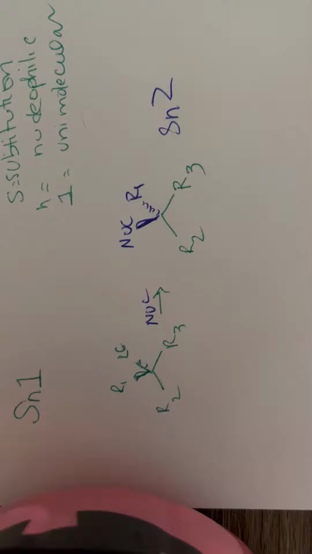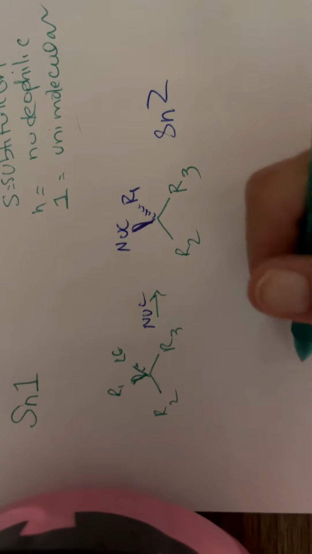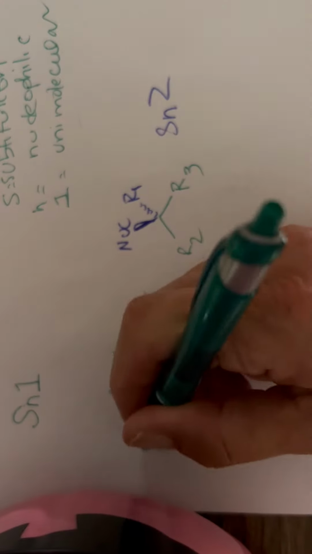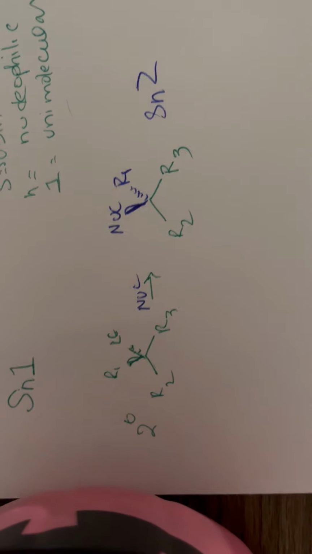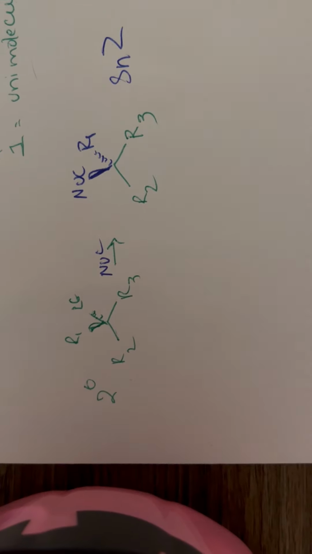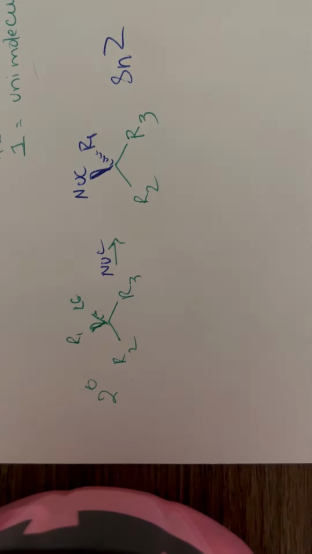What we notice though is when we have a tertiary, so a secondary will react via SN2, and we'll talk later about how to determine if something is going to be SN2 or SN1.